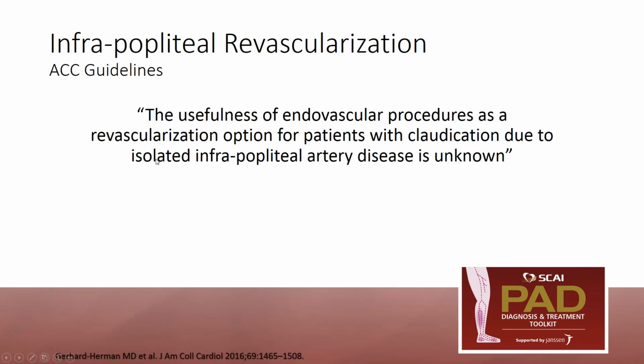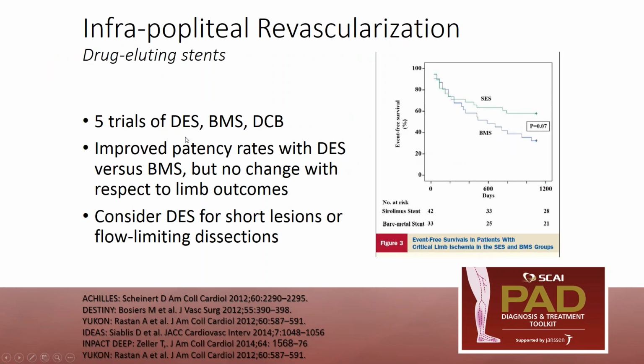If you look at revascularization from the ACC, again, we don't really know, and that's the statement from the guidelines: revascularization of these patients with claudication is currently unknown. So for patients that have it, I think it's important to have this. If they have isolated foot claudication with infrapopliteal disease, we really don't know what the best approach at this time is for these patients.